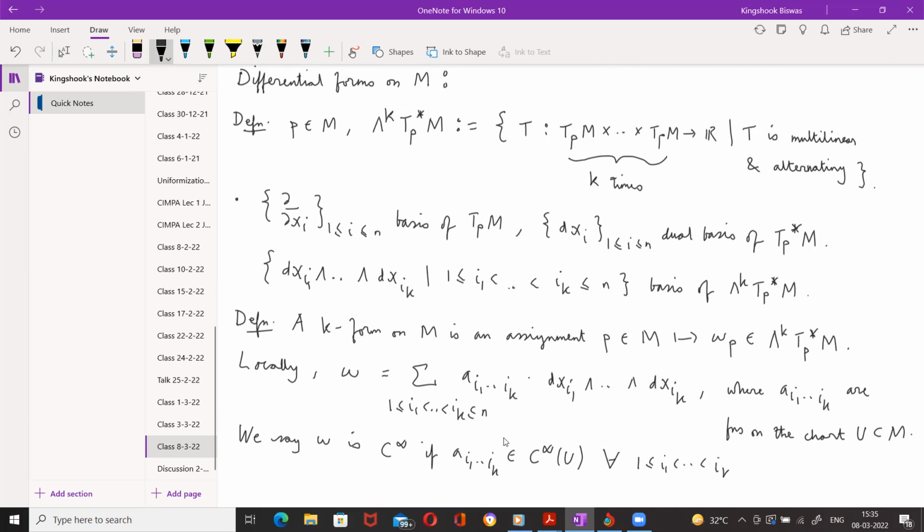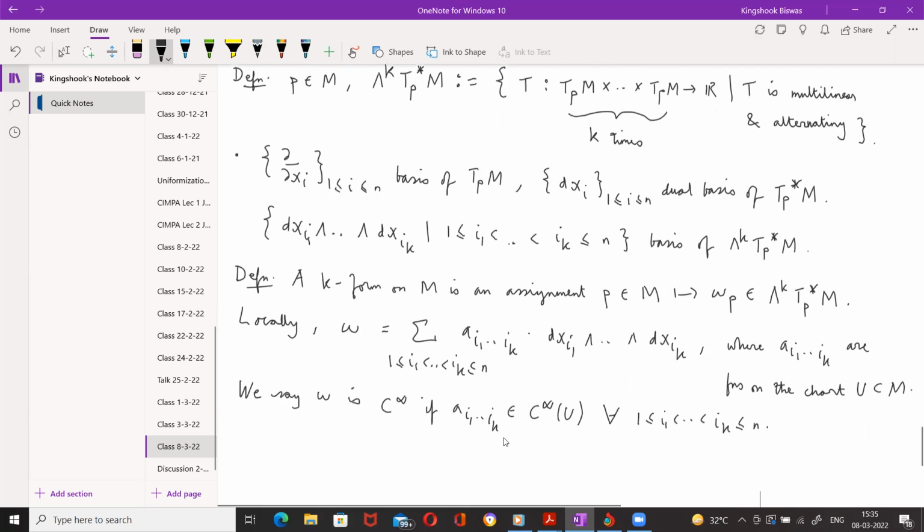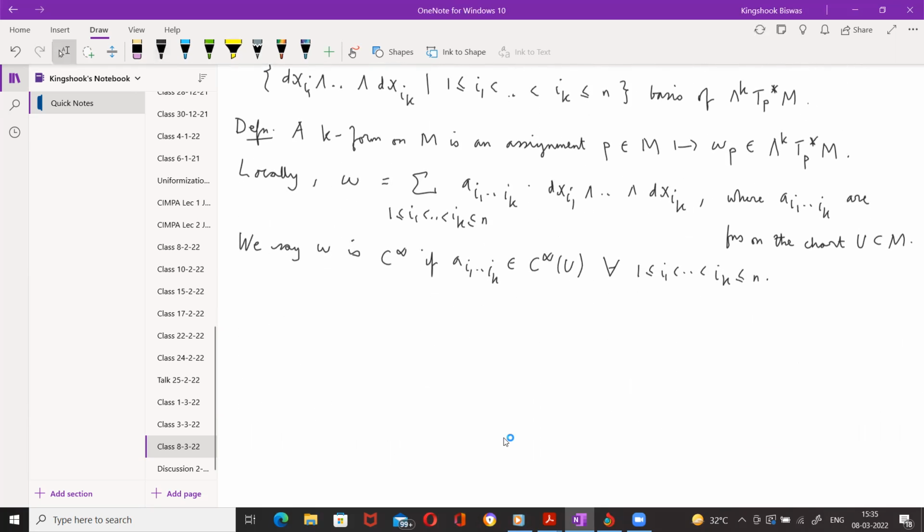All right. So we can talk of a form being smooth. And so then the smooth K forms form a vector space.